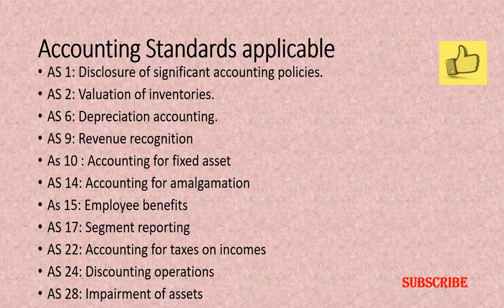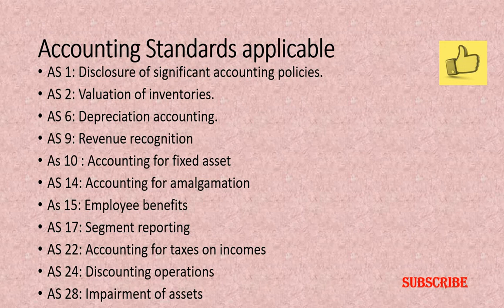Such standards can be Accounting Standard 1, disclosure of significant accounting policies. AS2, that is Accounting Standard 2, valuation of inventory. Accounting Standard 6, depreciation accounting. Accounting Standard 9, revenue recognition. Accounting Standard 10, accounting for fixed assets. Accounting Standard 14, accounting for amalgamation.